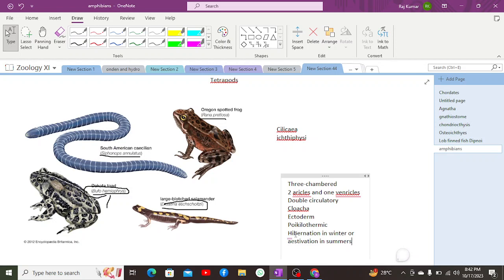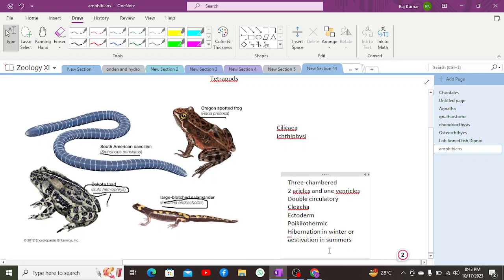Similarly, hibernation is a period in winter in which the animal buries itself inside the mud in an inactive state, in order to avoid the cold. So this is a basic concept about hibernation and estivation.